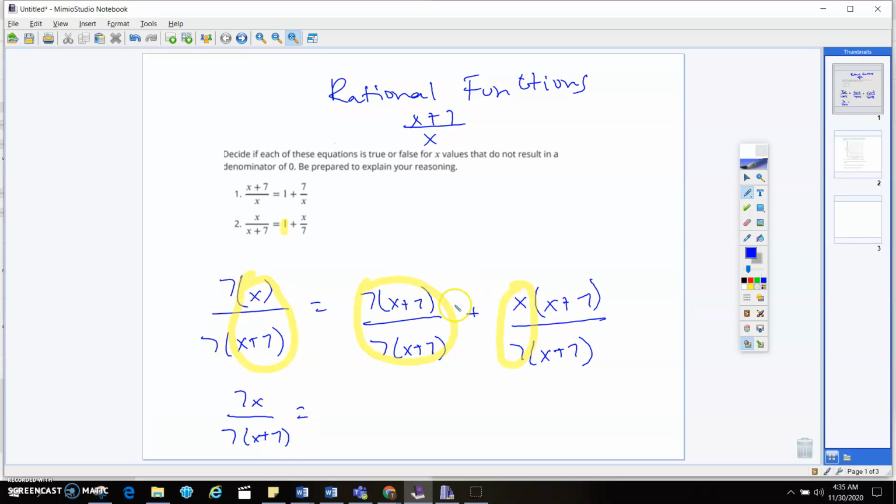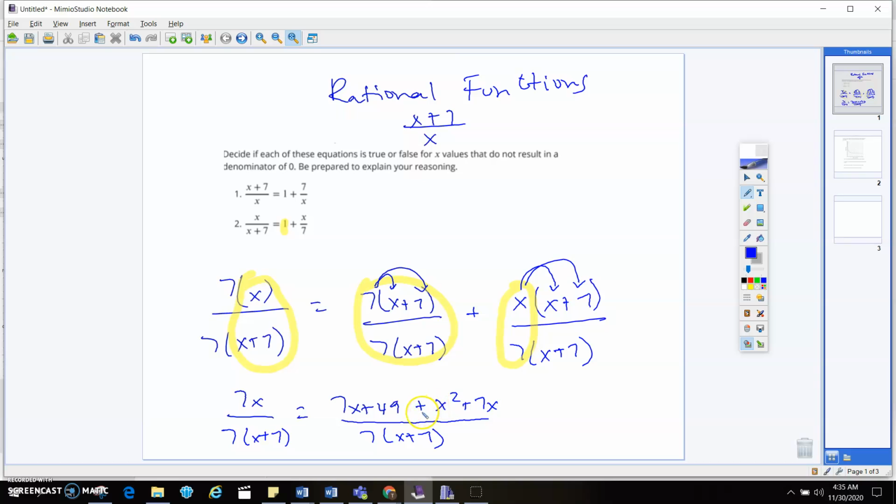Over here, I can take everything and smush it together. I'm going to distribute this 7 out, though, and that's going to give me 7x plus 49. Plus, I'm going to distribute this x, x squared plus 7x, all over 7 times x plus 7. Because if I have the same denominator, I add the top and keep the bottom.